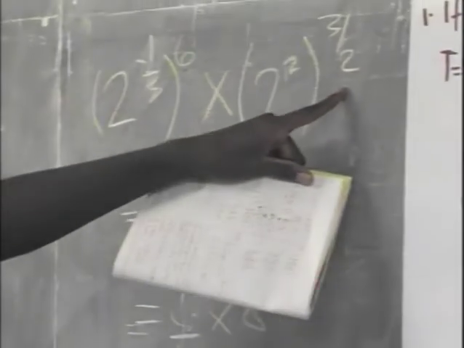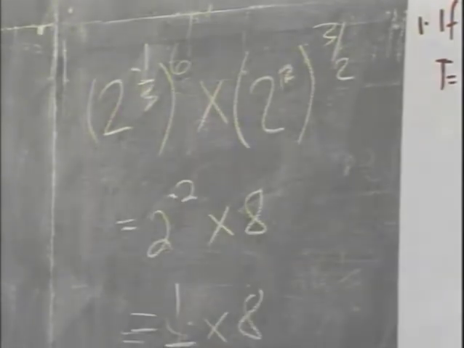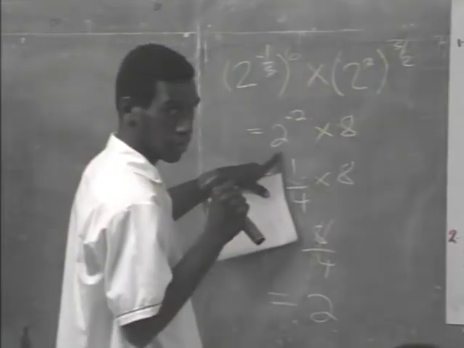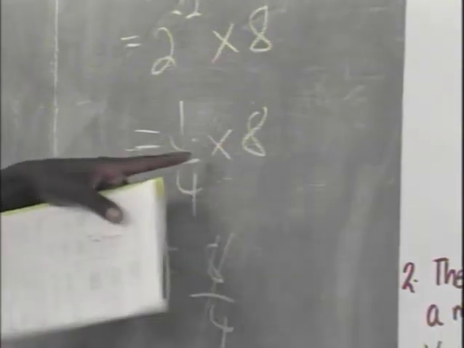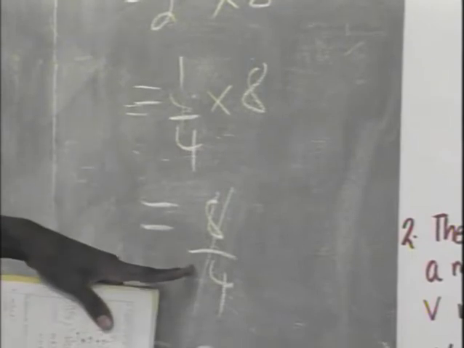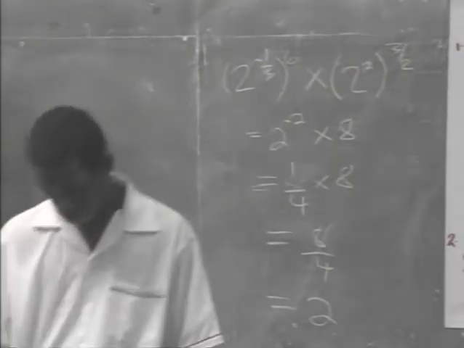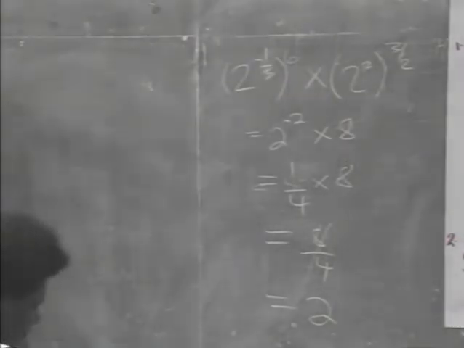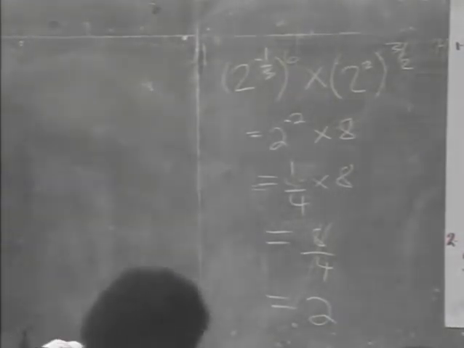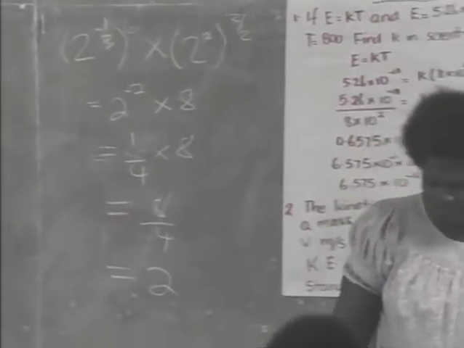Find the root of that, and I've got 2, and I cube it, and I got 8. 2 to the power of negative 2 is 1 over 4 in its positive form. Multiply it with 8, I got 8 over 4. I simplify that, and I've got 2. Okay. Well done, thank you.